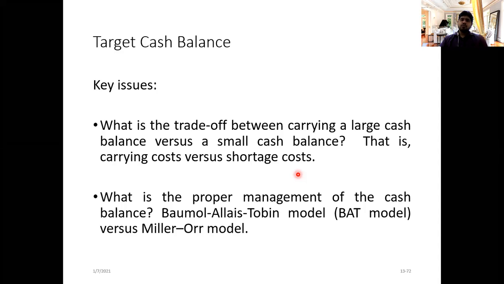So what is the proper management of cash balance? To find the optimum cash balance, we can apply two models: the BAT model, Baumol, Allais, Tobin model, which is like the EOQ model in inventory, and the Miller and Orr model.